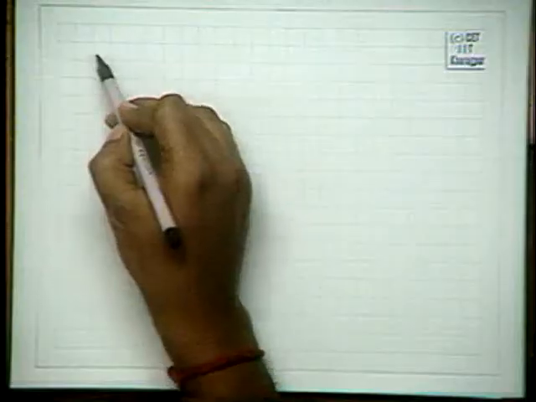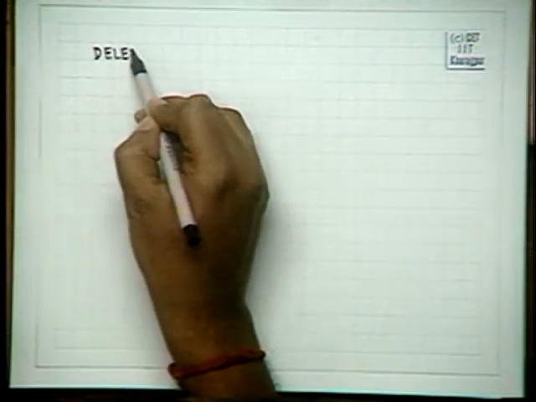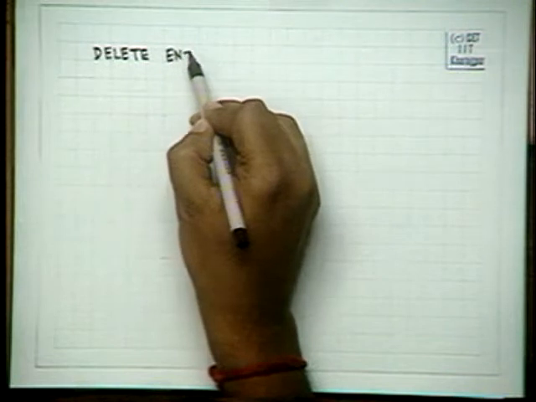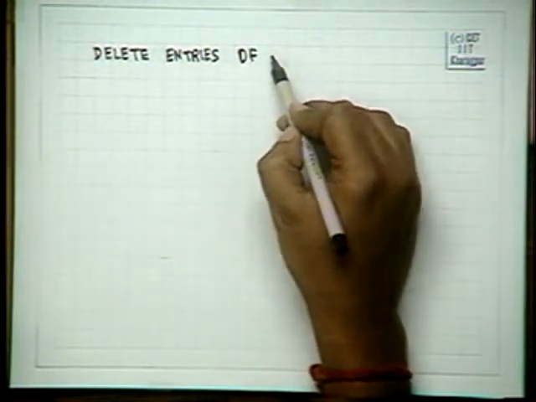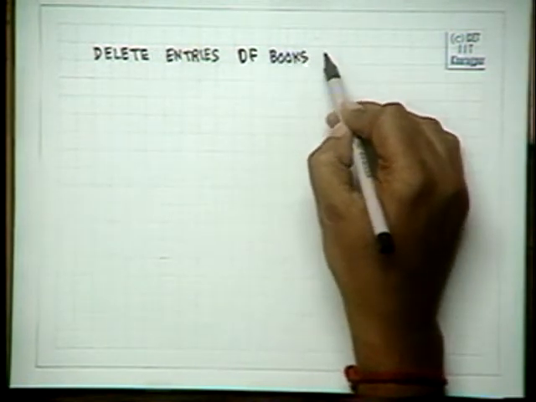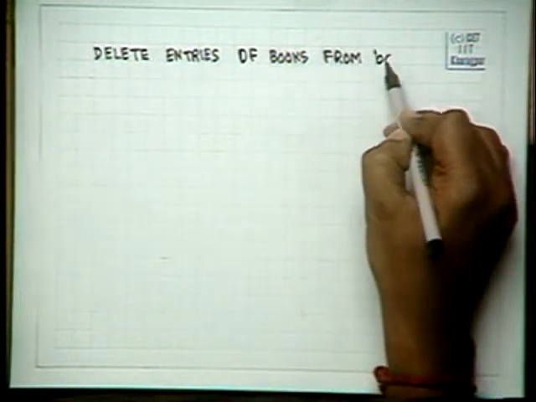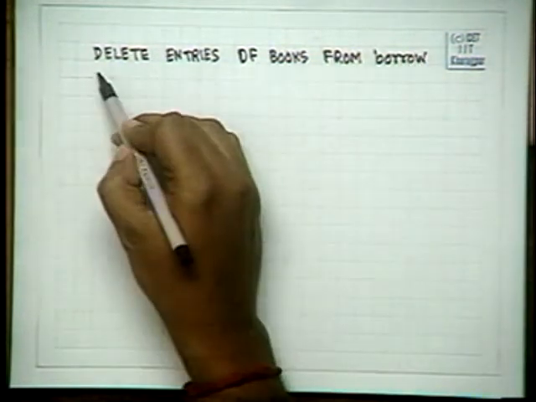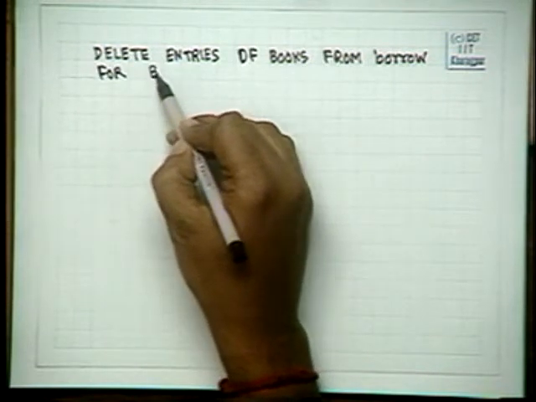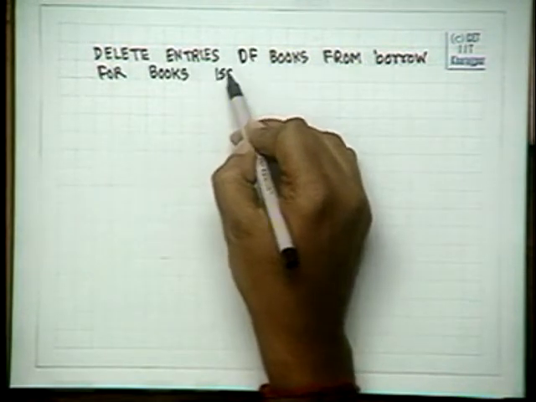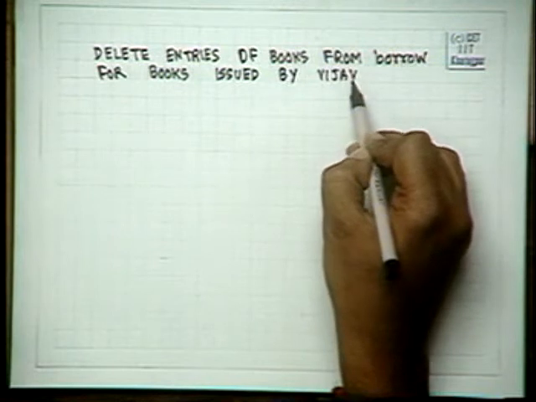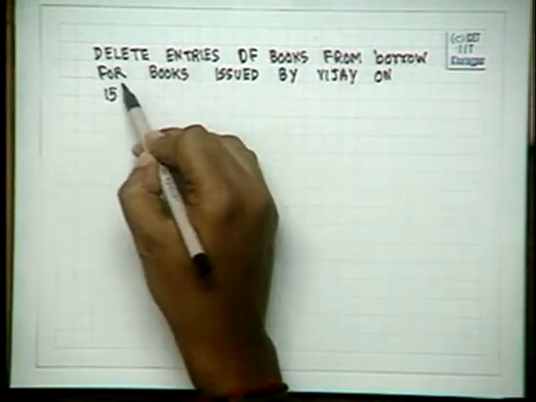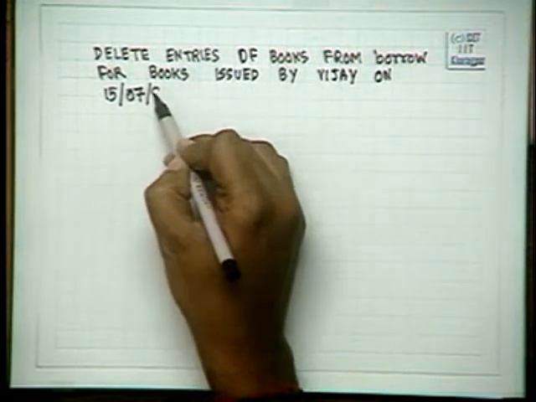That is, we want to delete entries of books from borrow for books issued by Vijay on 15/7/95.